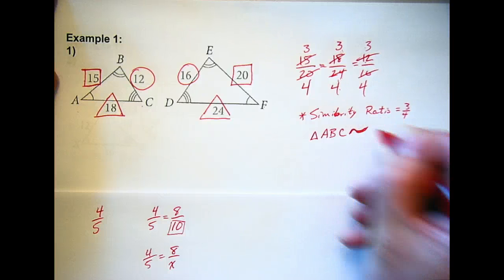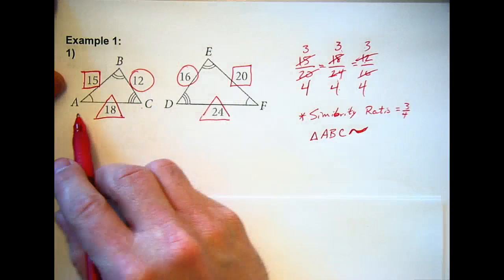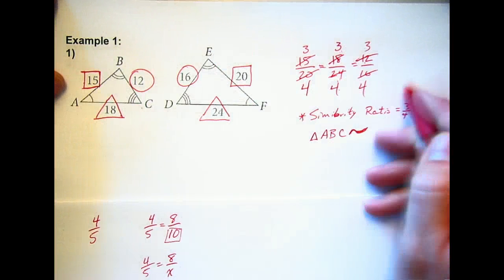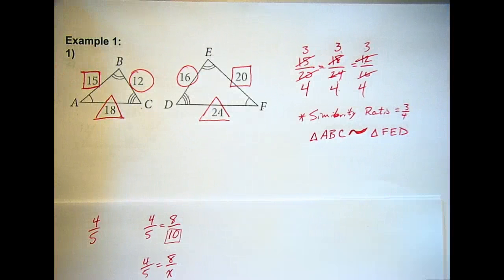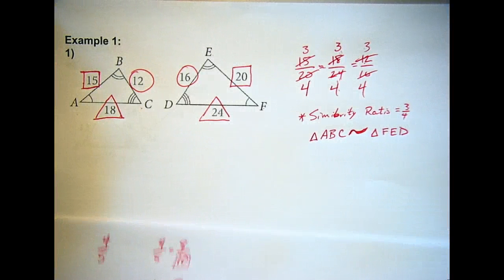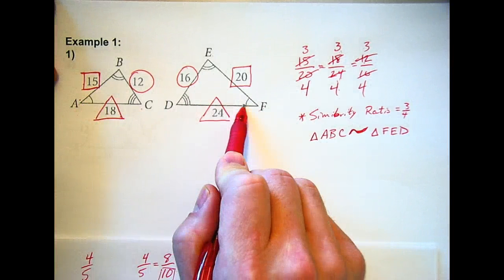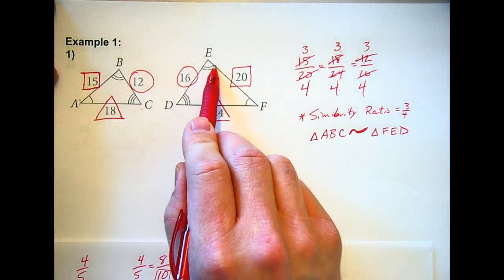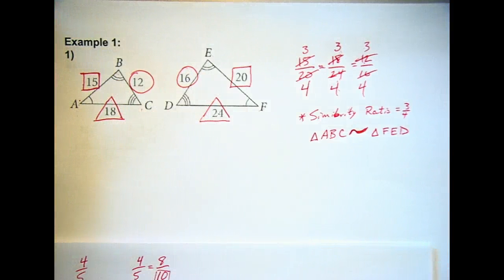Okay, it's just the top of the congruent sign. Is similar to FED. They're similar. A corresponds to F because those angles measure the same. B corresponds to E because those angles measure the same. And C to D because those angles measure the same. Okay?